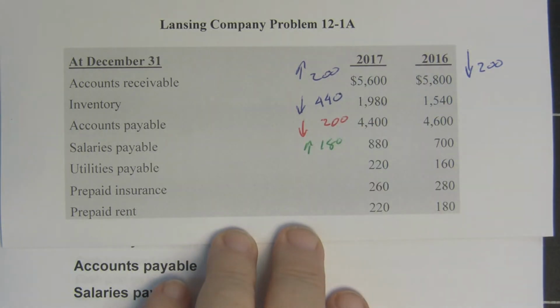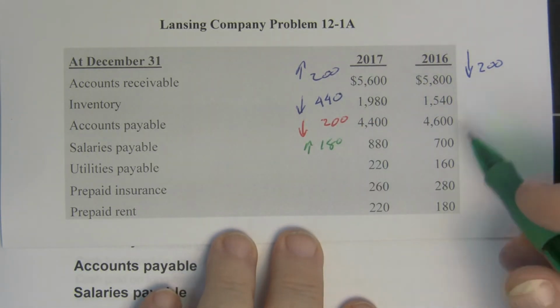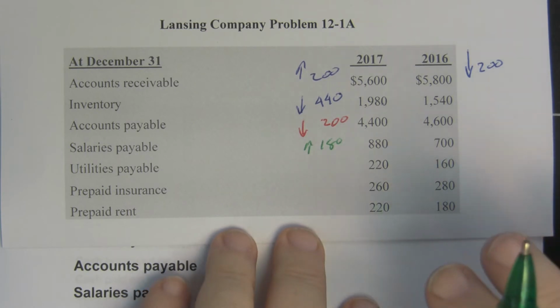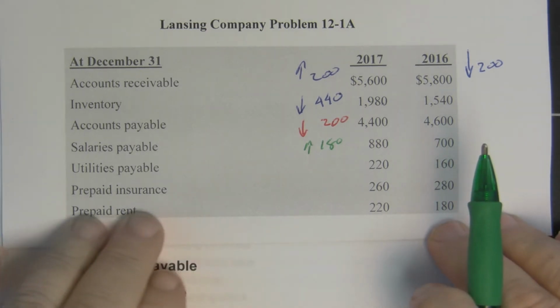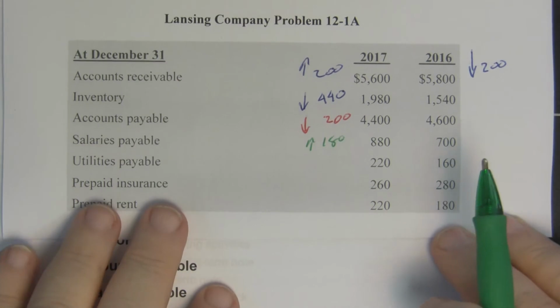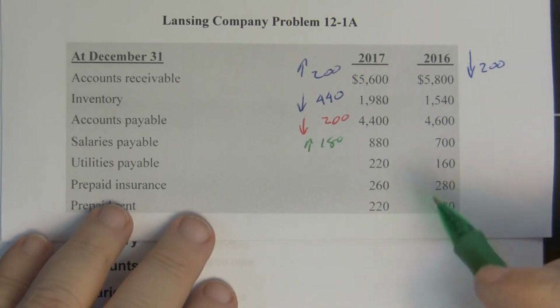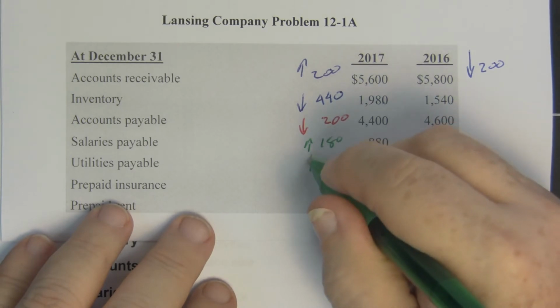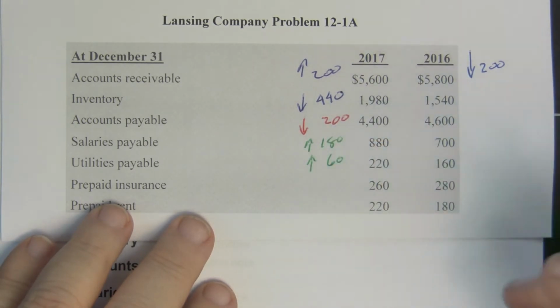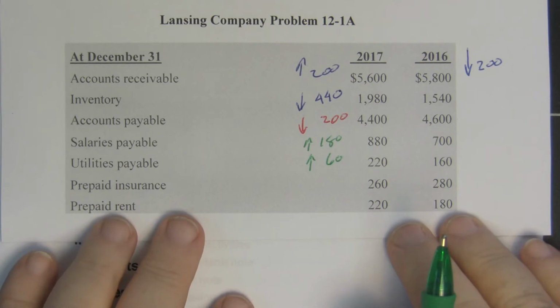You're starting to get a feel for how this works, okay? And if you looked at the video, I called this the compass, and we'll review that in just a second. Our utilities payable, same logic, went up by $60. We took the expense, we didn't pay it, so the cash goes up.